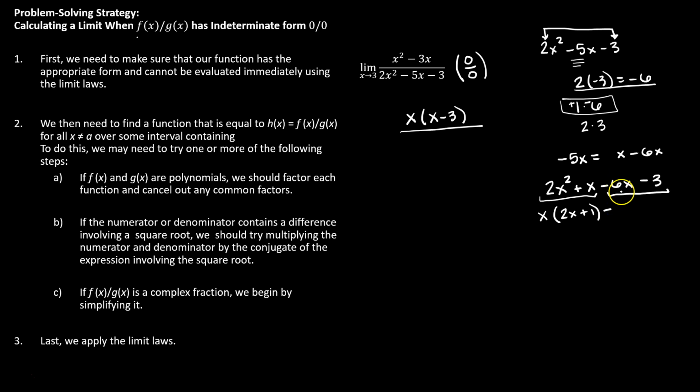I also have a factor of 3 in each term, so I'm going to factor out a negative 3, leaving behind 2x plus 1. And then I notice that the 2 terms that are left have a common factor of 2x plus 1, so I'll factor that off. From the first term, I have an x left behind. From the second term, I have a minus 3. And so that's the factored form of my denominator.